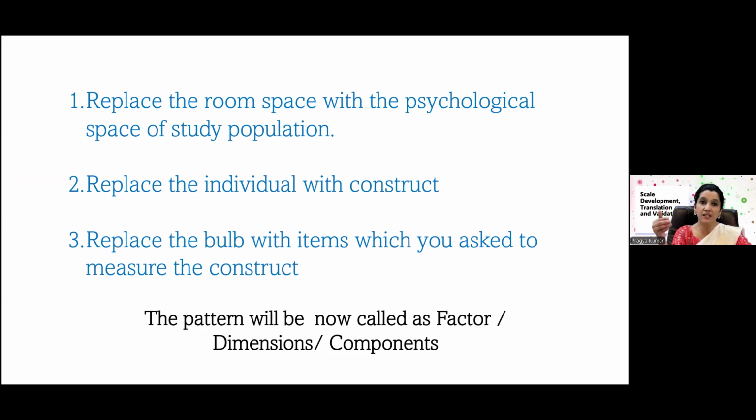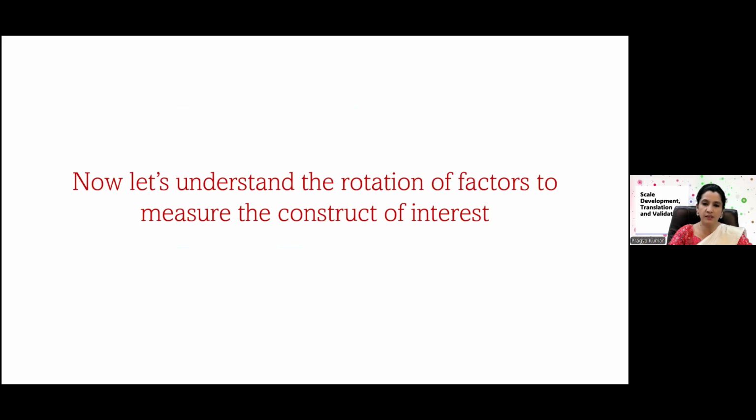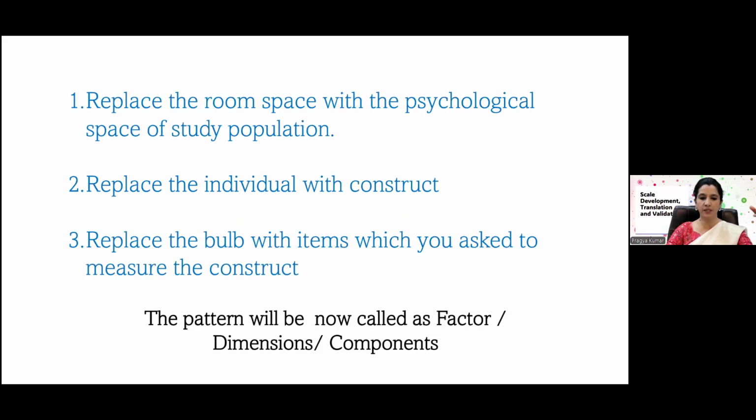You can use these three words interchangeably. Have you understood this? Then I'll go with the graph. Have you understood the concept of bulb? Bulbs were the individual items. The person which you have seen, the individual, that was the construct. And the clubbing which was there was the factor or component or dimension.